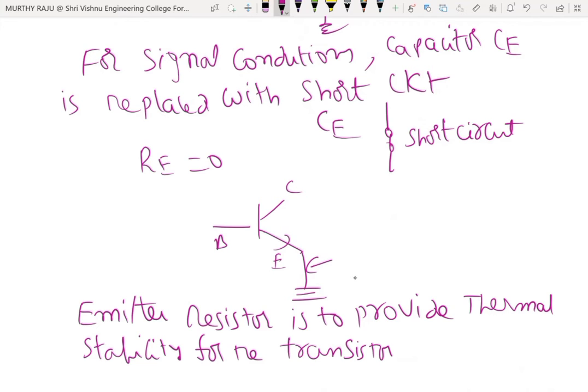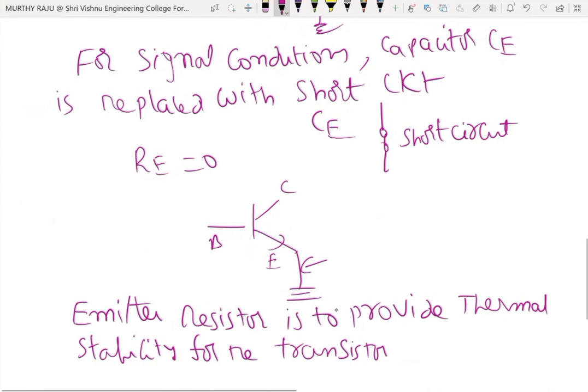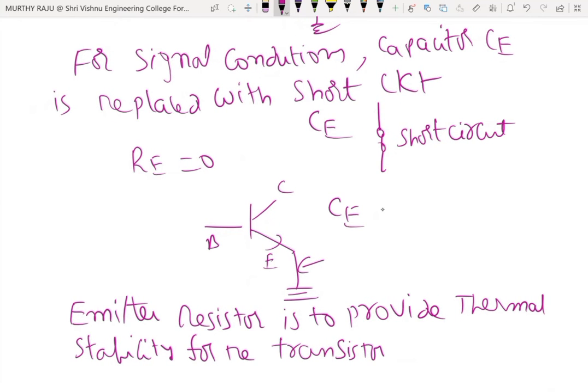Emitter resistor provides thermal stability for the transistor. Emitter bypass capacitor CE bypasses all the amplified AC signals.